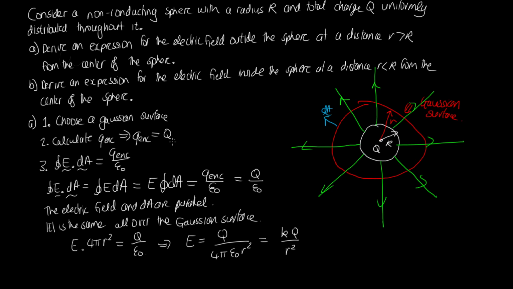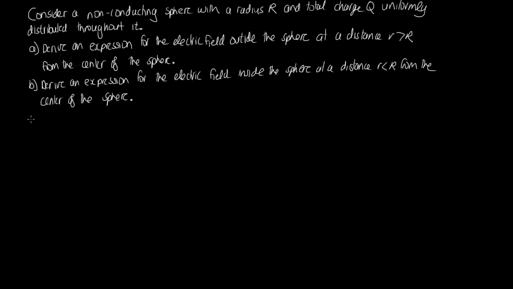Okay, so part B. To do this, let's just clear some space. Okay, so part B, we work through the same method. The first thing we want to do is choose a Gaussian surface.